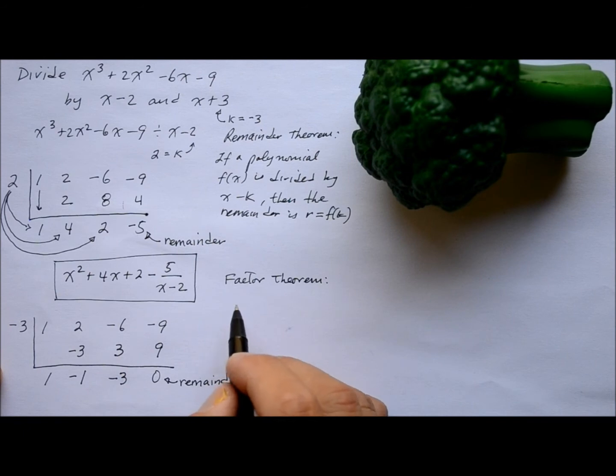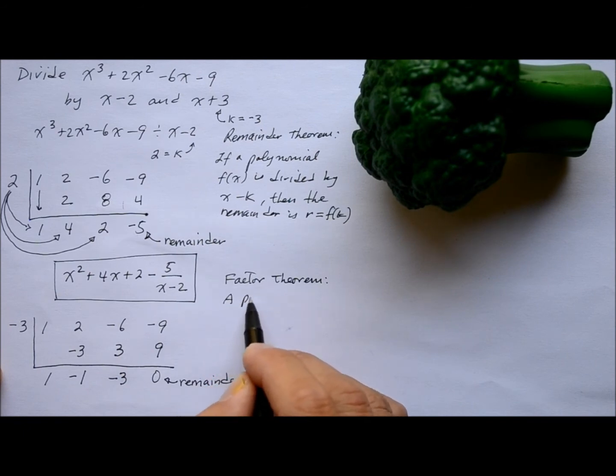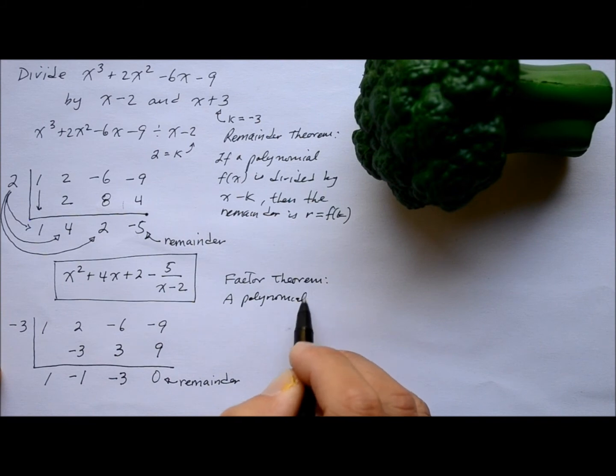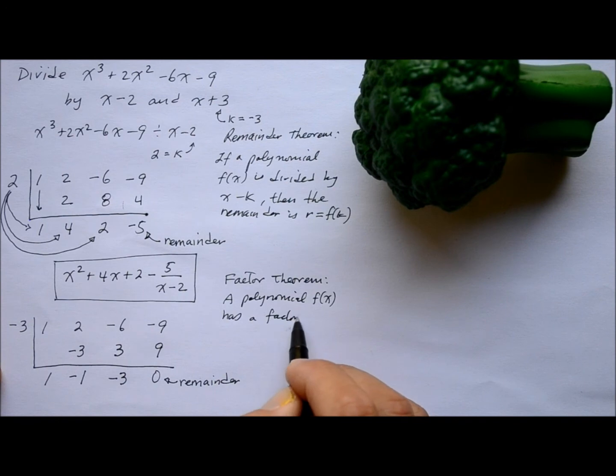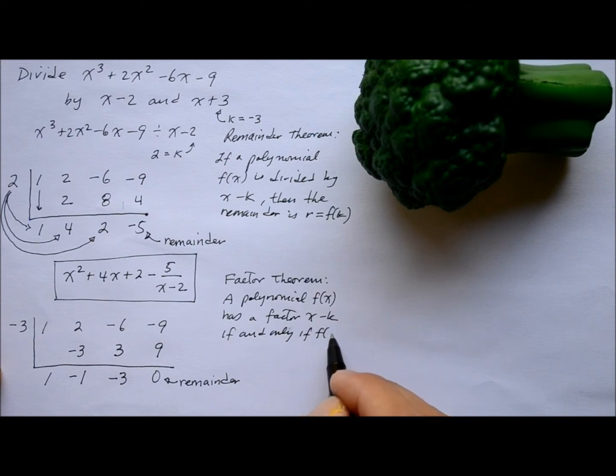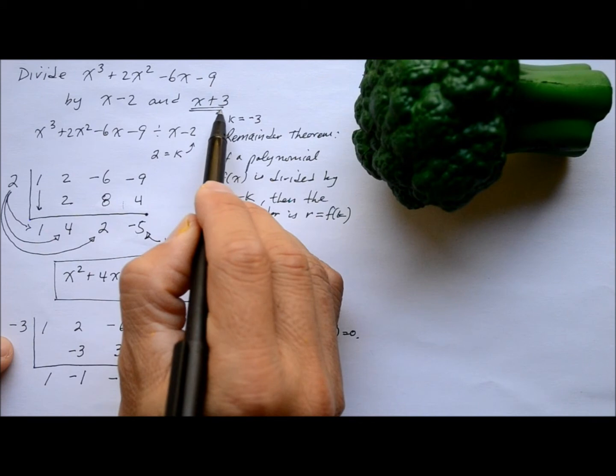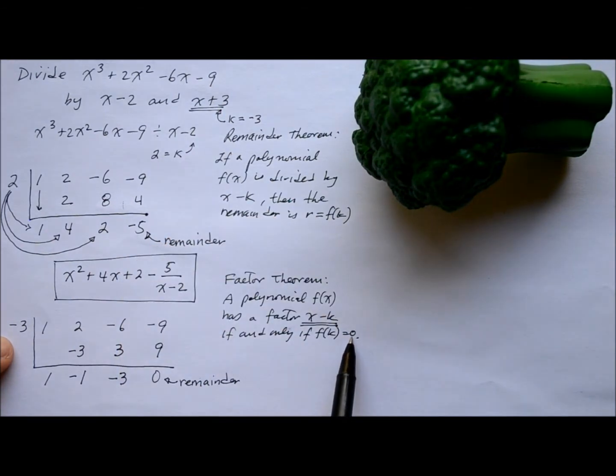It says that if you have a polynomial, named a function of x, it has a factor x minus k if and only if f of k, if we stick that negative 3 into k, gives you a 0. Then that is the factor. In this case, it is a factor because our remainder came out to be a 0. And that's what the factor theorem says.